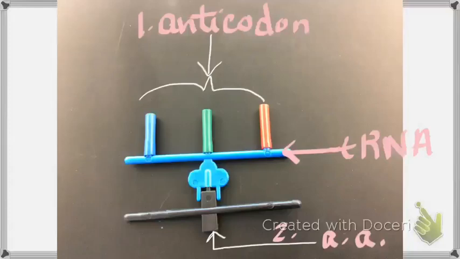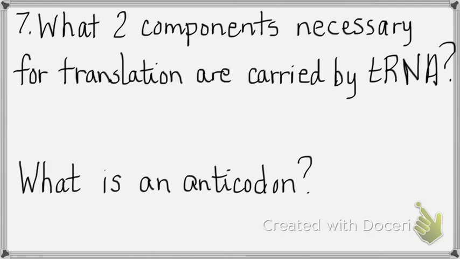It's okay on that. Now, keep that in mind. We go to the next question. Keep this picture in mind for the next question. What 2 components necessary for translation are carried by tRNA? The anticodon. What else? Amino acid.